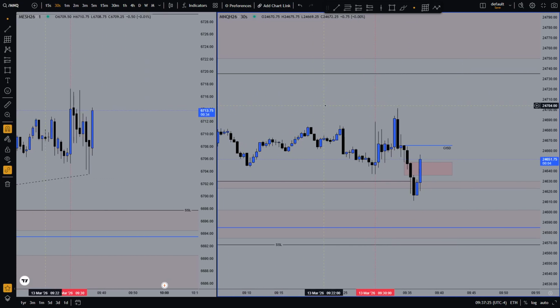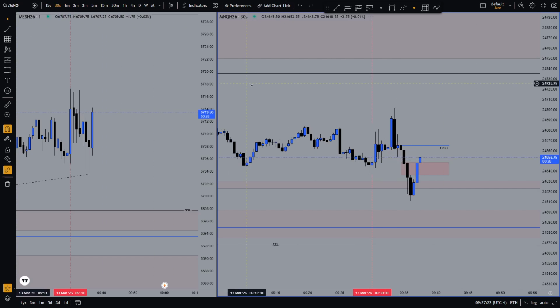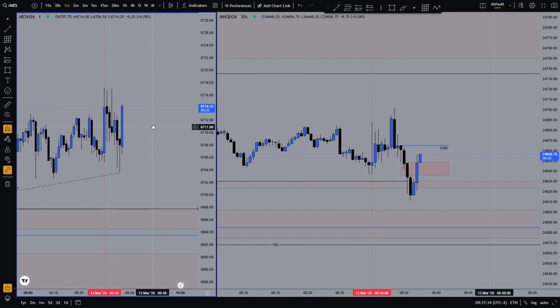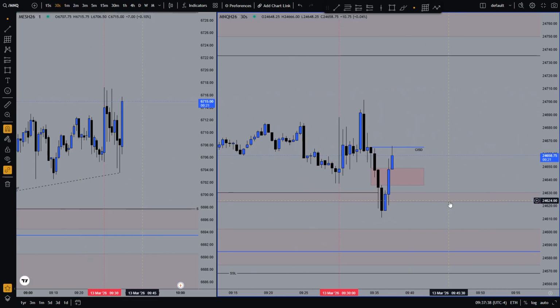We get this change here. Probably look to take a stab inside this 1 minute gap. Want to see this get through within the next 30 seconds. Tap this 1 hour gap here, SMT.